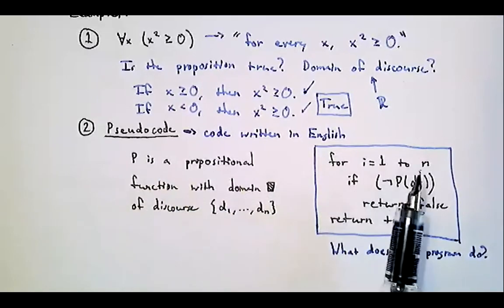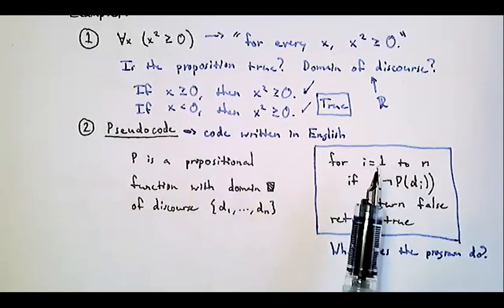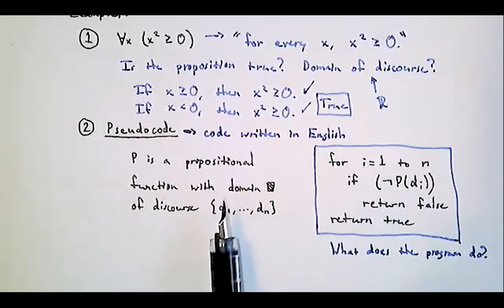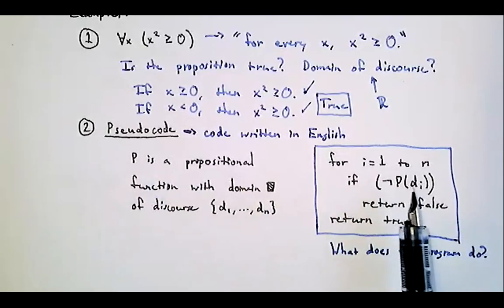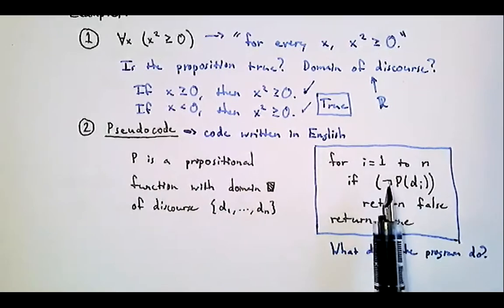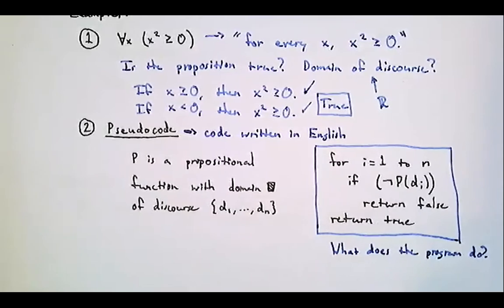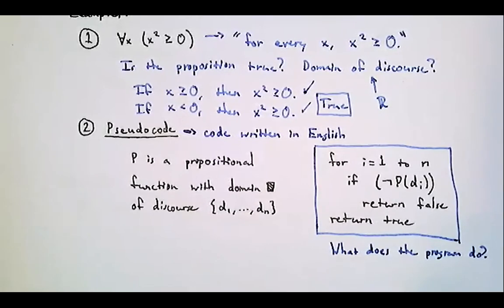Because of this for loop, we're going to start at I equals 1. We're going to take this value, plug it into the propositional function, excuse me, and then put a negation on it. Doesn't it just cancel the negation?